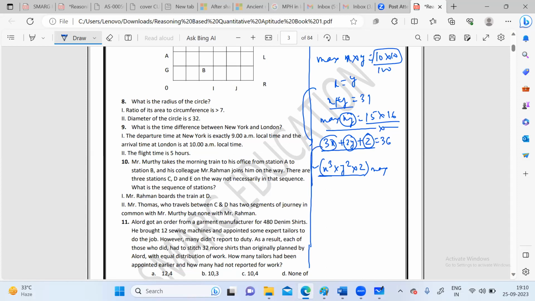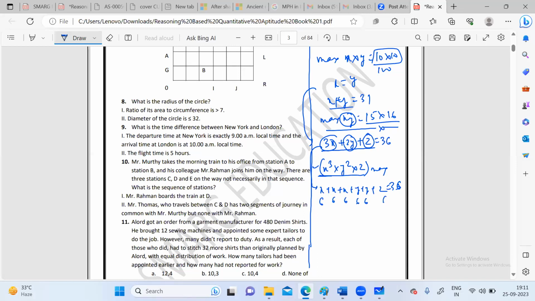So we can distribute it equally, like x plus x plus x plus y plus y plus z is equal to 36. Now we know the multiplication of all these six numbers is maximum only when they all are equal. That means everyone is equal to 6.